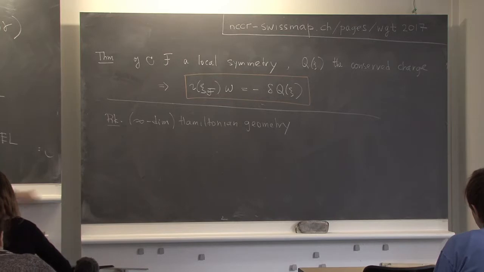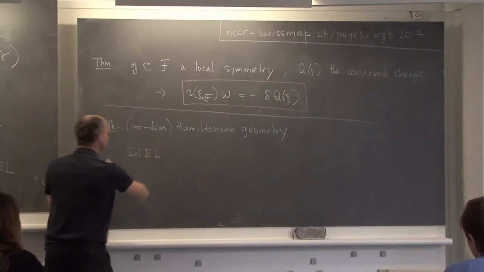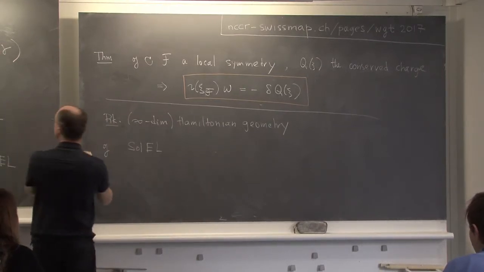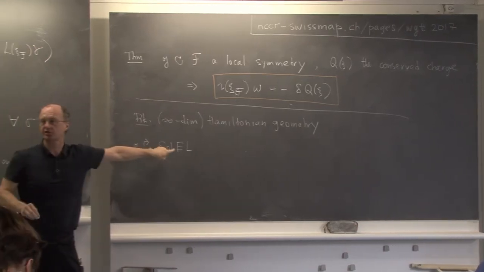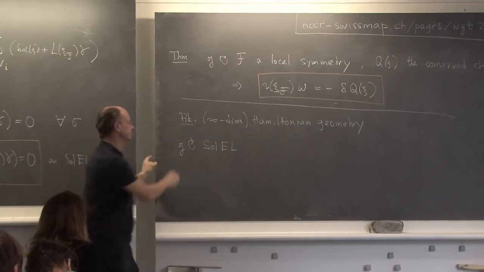We've got our space, Sol EL. We've shown in the previous theorem that the action of G restricts to Sol EL because the Euler-Lagrange equations are preserved.